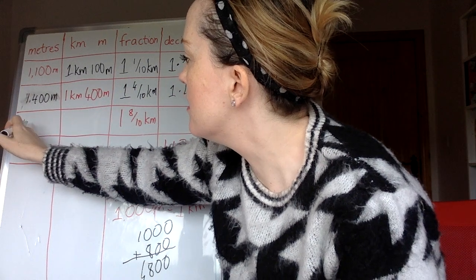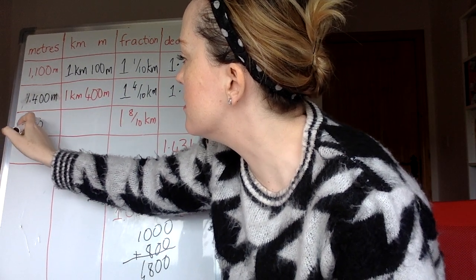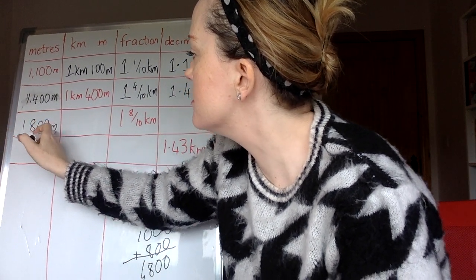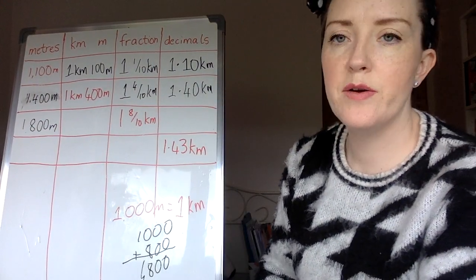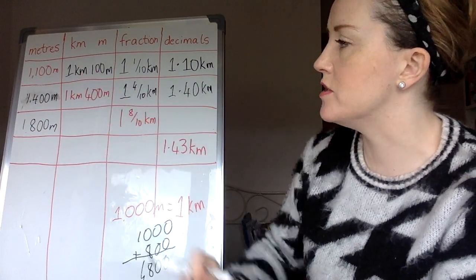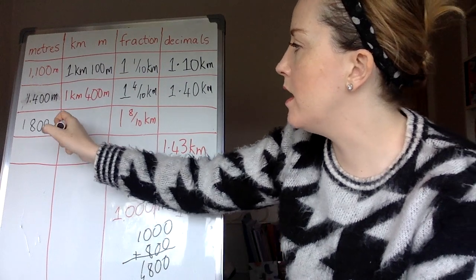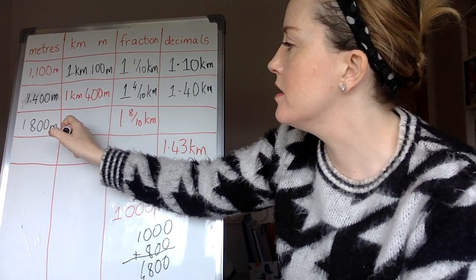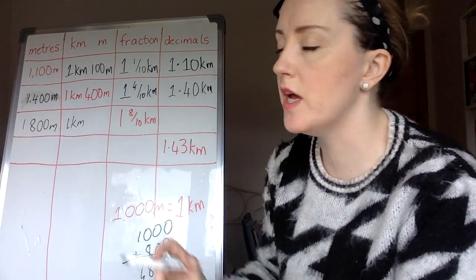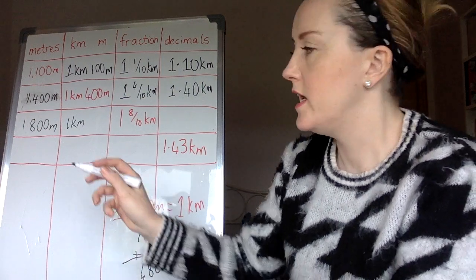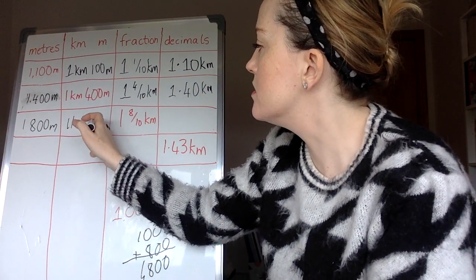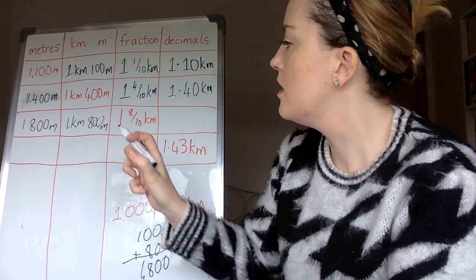Very good. 1,800 metres. Excellent. Now I'm going to break it into kilometres and metres. I have 1 kilometre because I know that 1 kilometre is equal to 1,000 metres. And how many metres are left over? 800. Very good. 800 metres.